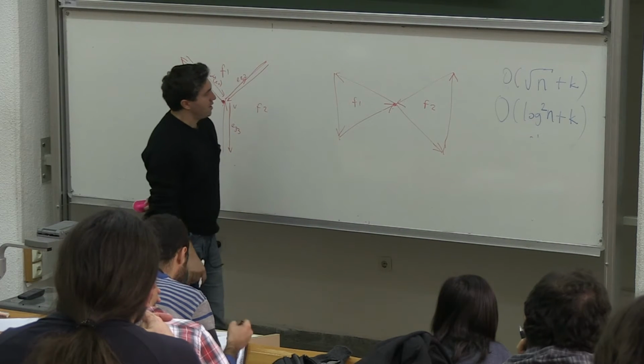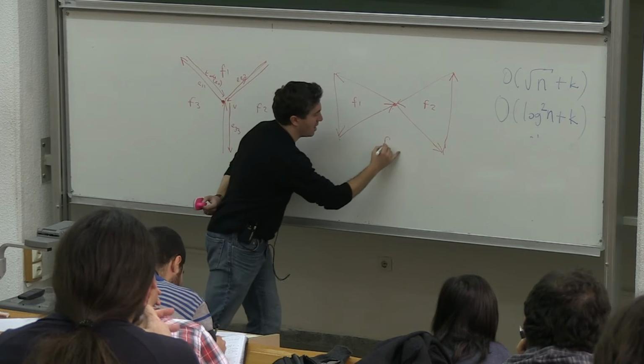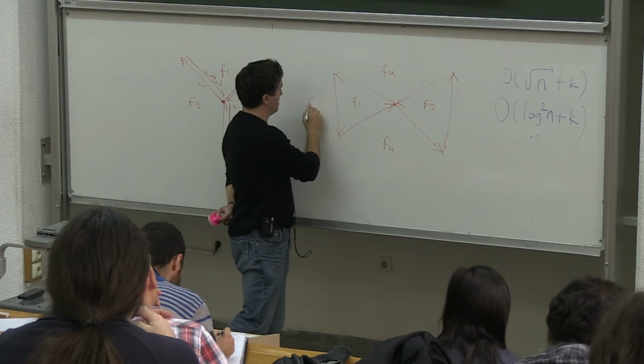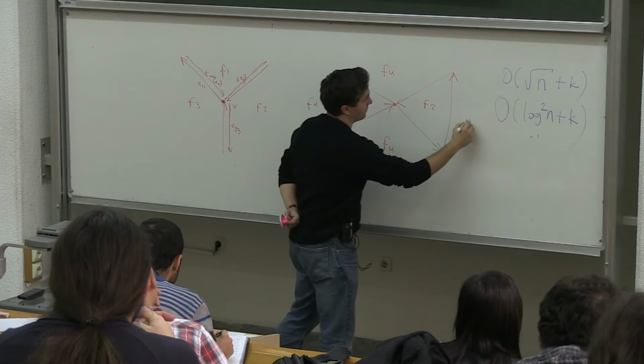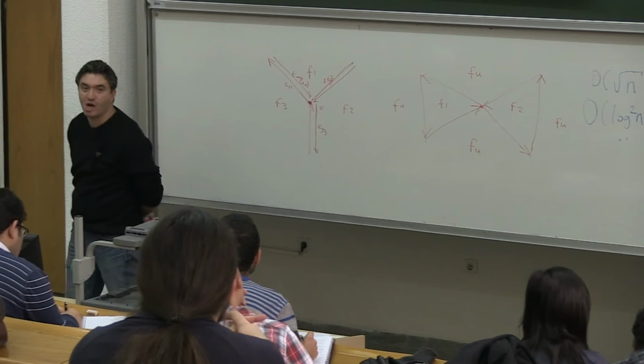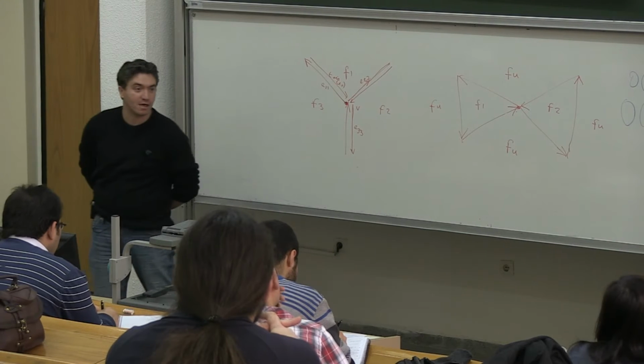Now, and this is the unbounded face. Okay, it's everywhere. The unbounded face is here. So these F1 and F2 are like holes for the unbounded face.